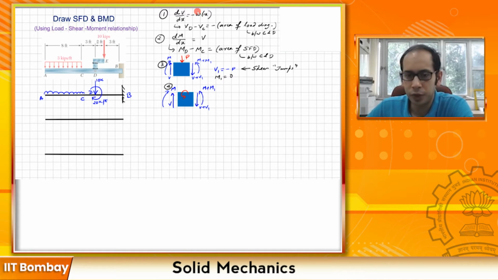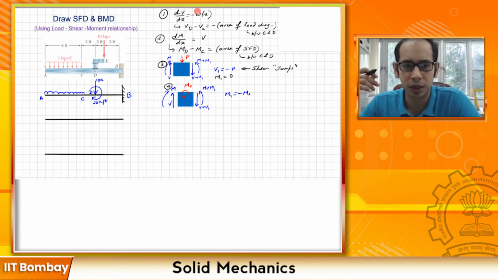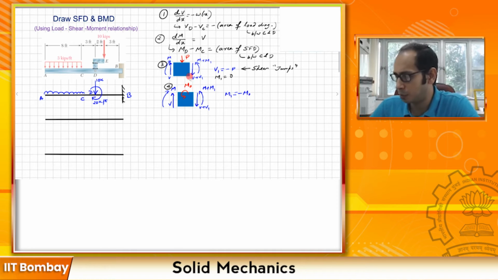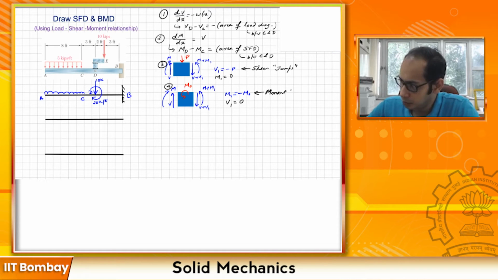In this one, what we had seen, suppose the value of this point moment is M0, some value. So M1 becomes equal to minus M0. It is important to note that you can easily derive it, but just to make things quicker in your head, you have to keep a note that the M0 here was marked anti-clockwise. As a consequence of it, the positive moment comes out as the negative M0 over here. And also for this one, your V1 was equal to 0, so no change in shear. So the fourth relationship means that your moment jumps.